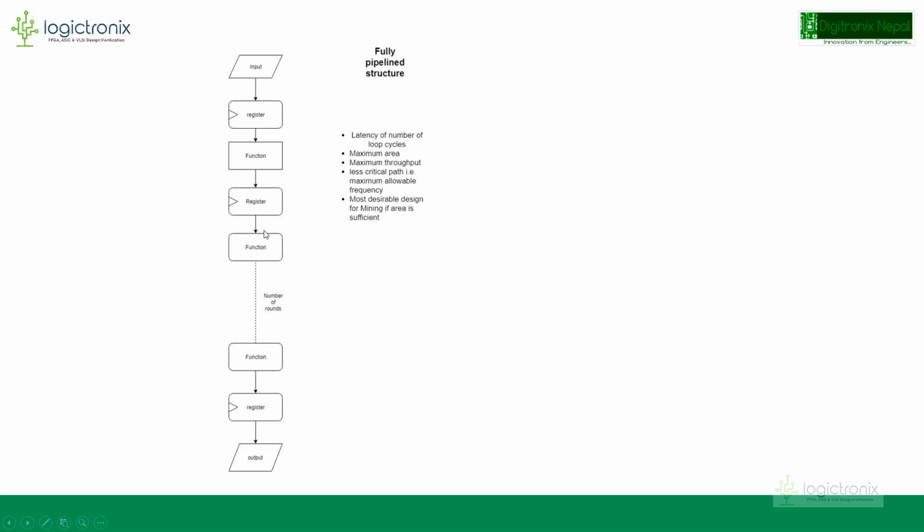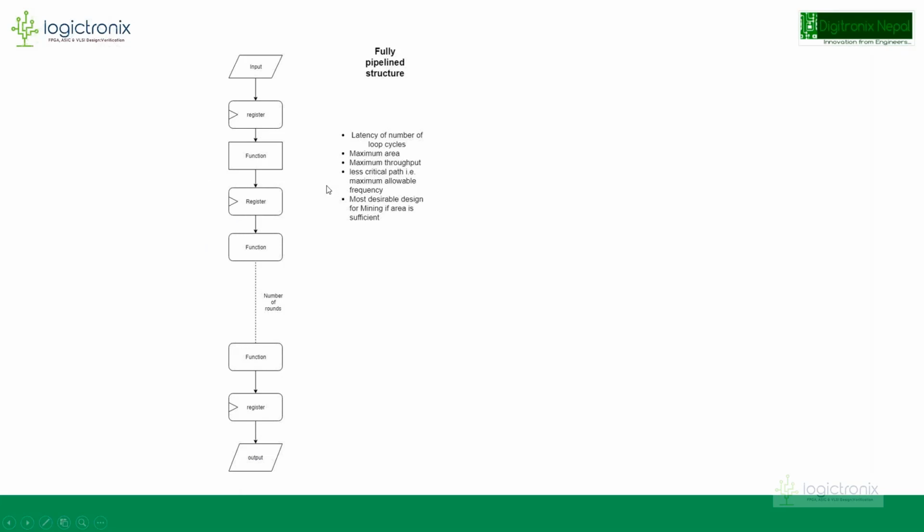The main advantage of this design is you can give input, and it will go over here in the first clock cycle. In the second clock cycle, it will go over here, and you don't have to wait until we get output. We can give input every clock cycle, right?